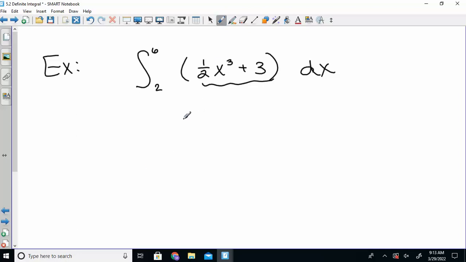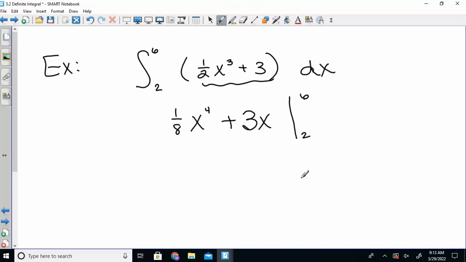So what do you do with your x cubed? So that means we need a 1/4 in front times the 1/2 that's already there. 1/2 times 1/4 is 1/8. Plus, what's the antiderivative of 3? Just gets an x.